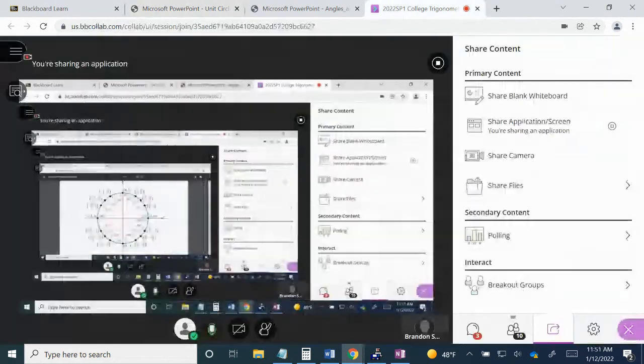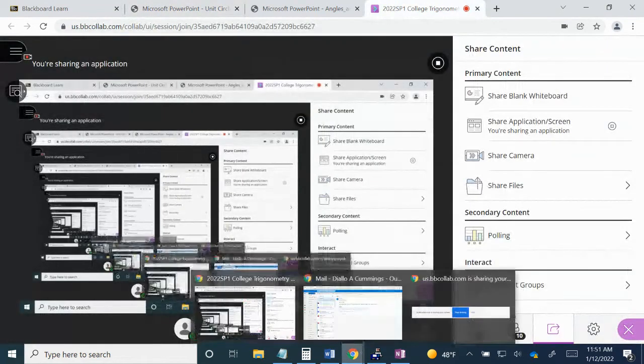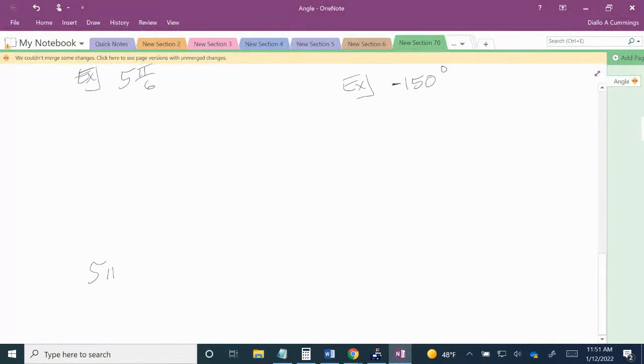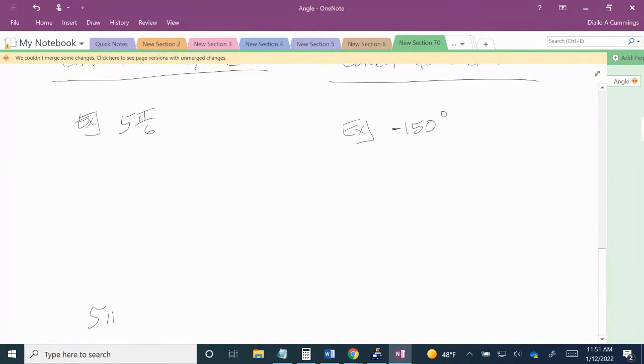But in order to calculate that by hand, we're going to take 5 pi over 6 and multiply that by 180 over pi.